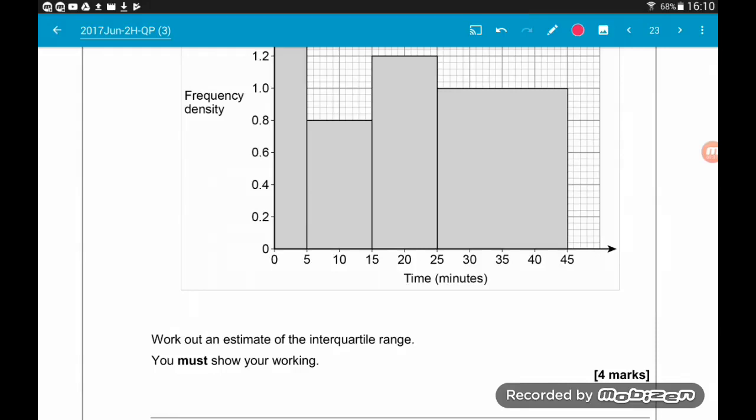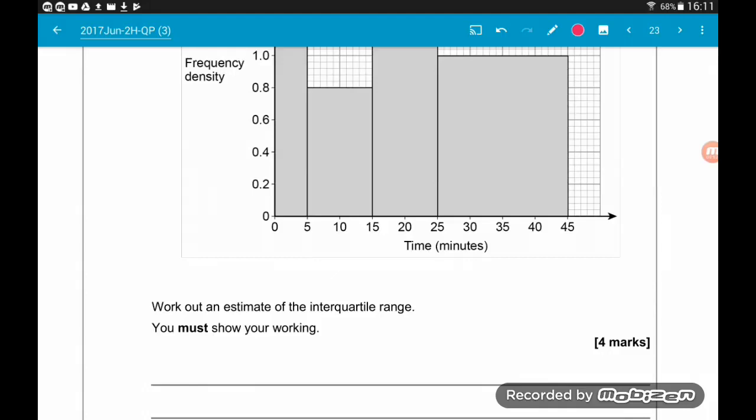So, first of all, an interquartile range is the range of the middle 50% of our data. So our 75th percentile piece of data and our 25th percentile piece of data. What we need to do first is work out which number student is our lower quartile and which number student is our upper quartile.